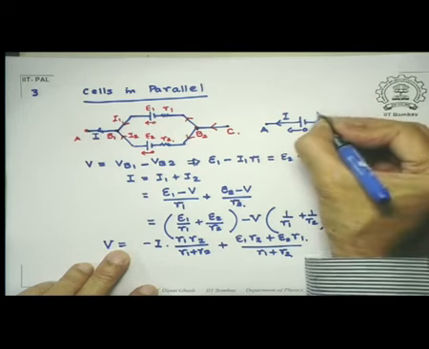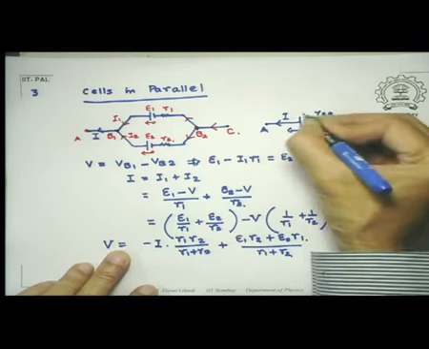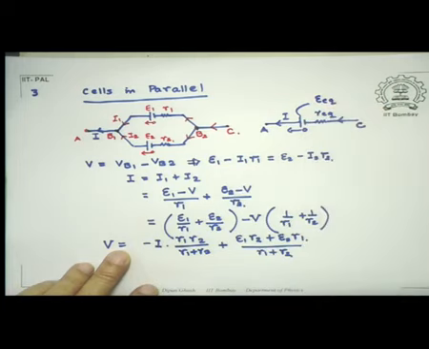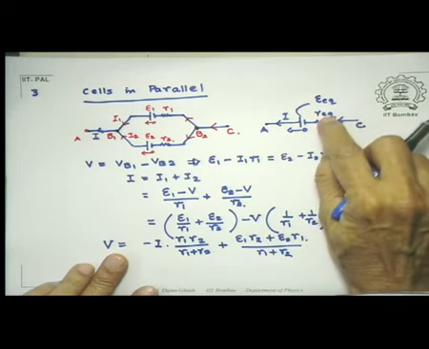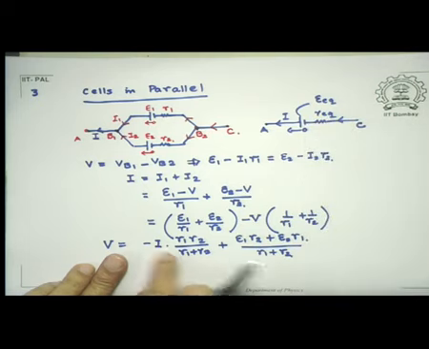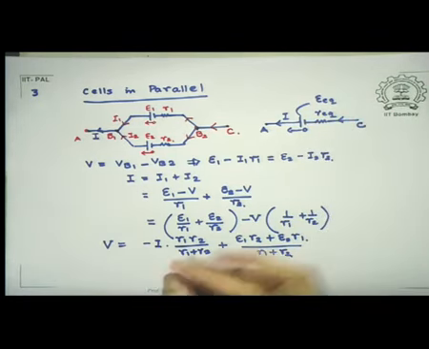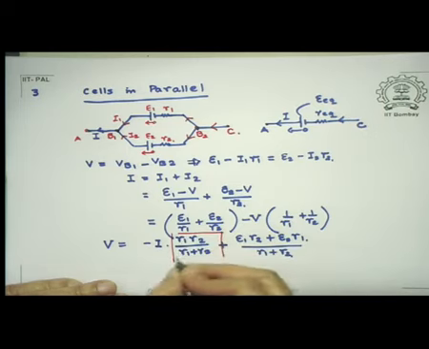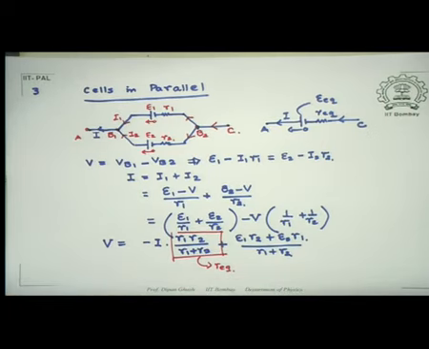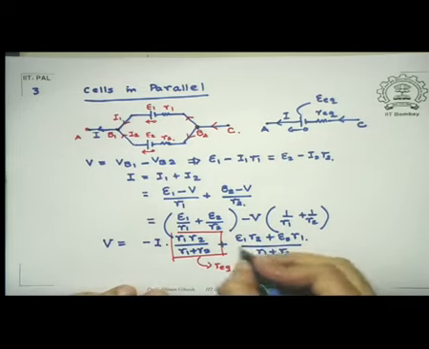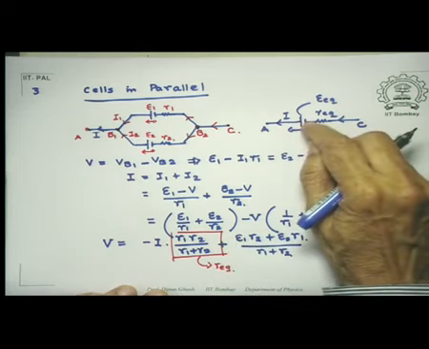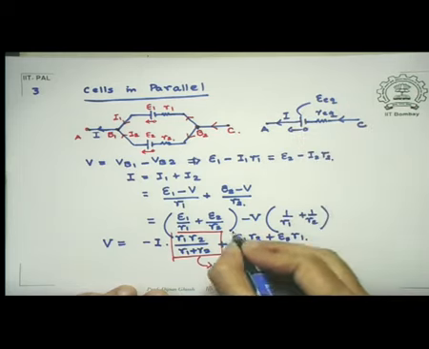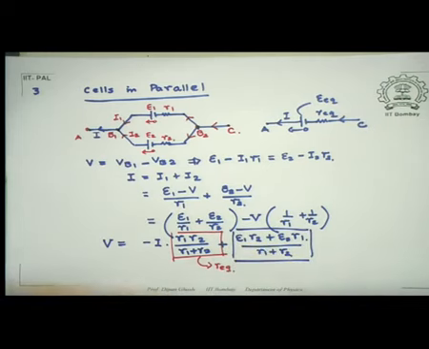Supposing this is some R equivalent and this is some E equivalent. So I will have I times R equivalent as a drop, so minus I times R equivalent. So this term must stand for R equivalent. And this term here, so I must have plus EEQ. So this term is my EEQ.